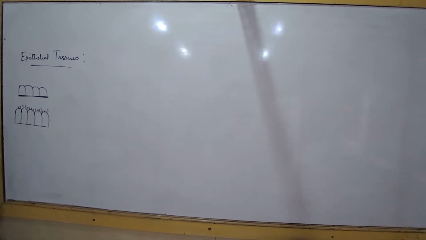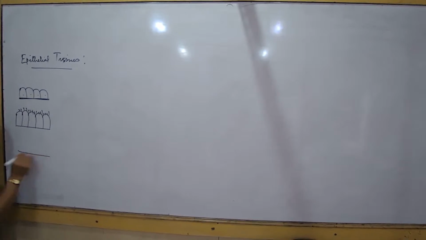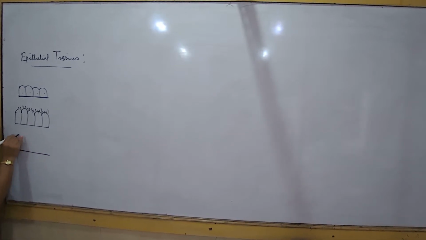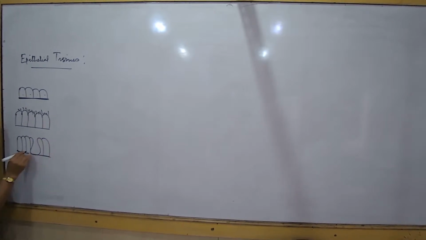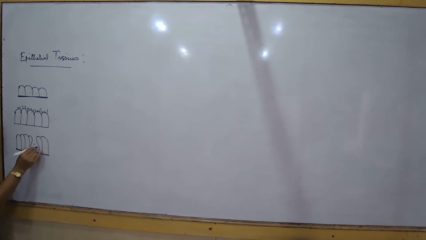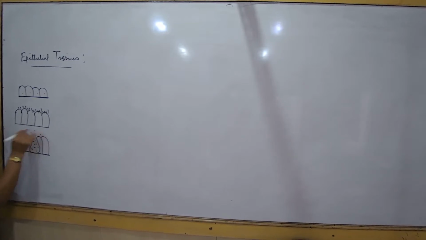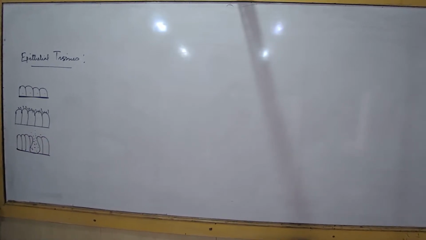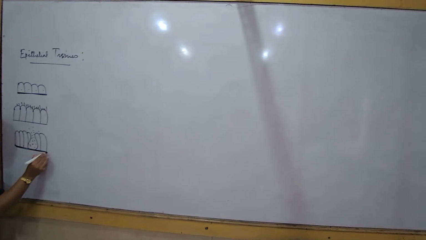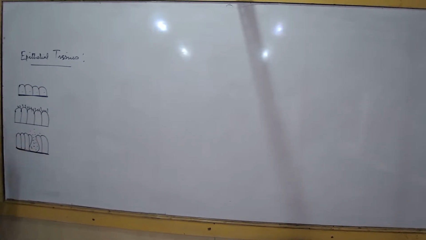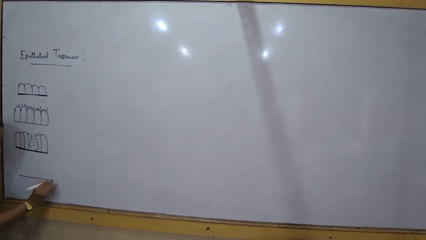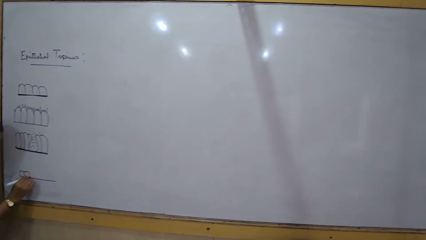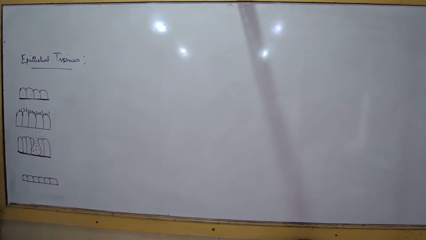And some cells are capable of releasing some chemical substances this way. Then there will be some other type where the cells are just small like this, a single layer of cells.